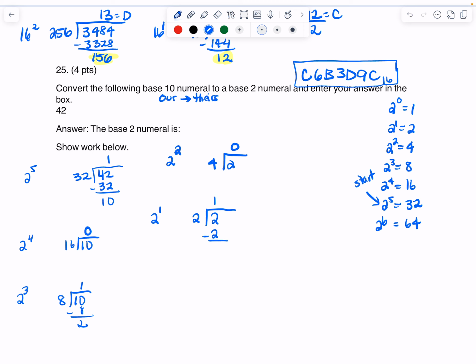So 2 minus 2 is 0. Now, I have this last position I have to take care of, which is 2 to the 0, which is 1. 1 goes into 0, 0 times. So, my answer is going to be in order 1, 0, 1, 0, 1, 0, base 2.